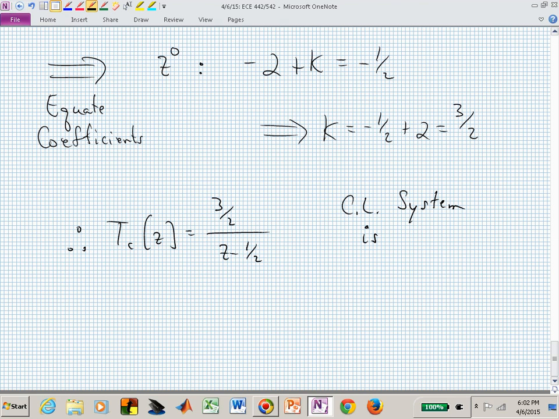Everybody, I hope, knows that if you set the denominator equal to 0 and find the value of z where that's true, that's now your closed loop pole, and you've located a closed loop pole at z equal to 1/2. And that's inside the unit circle. Our closed loop system for this choice of gain k is indeed stable.